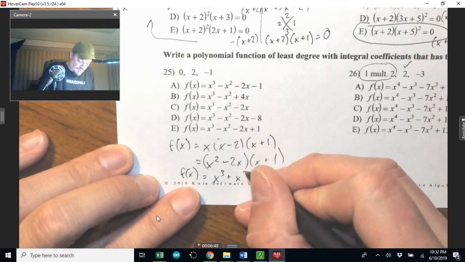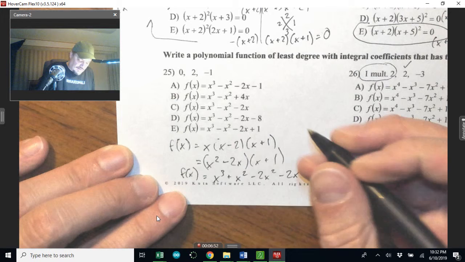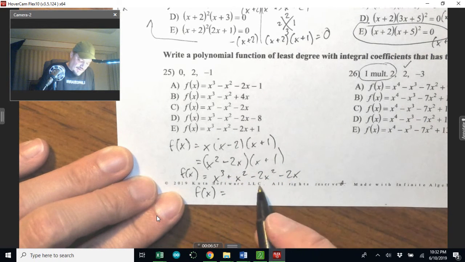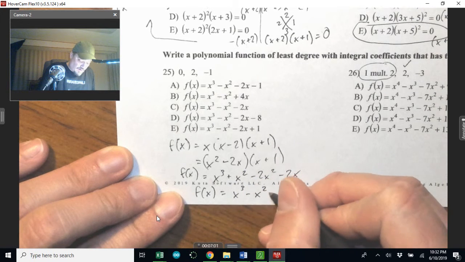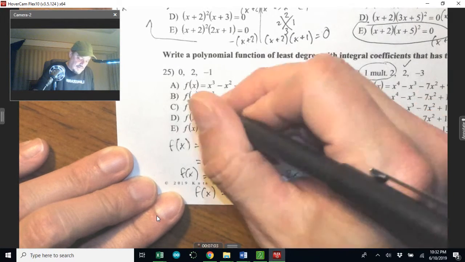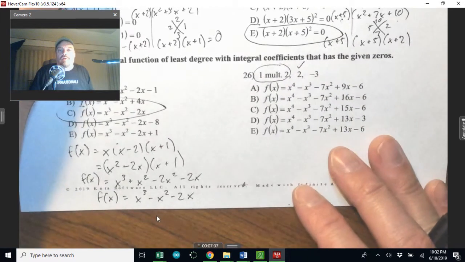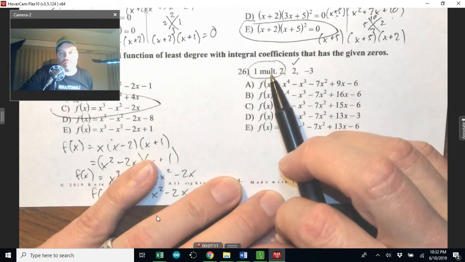Then x times negative 2 will become negative 2x squared and then minus 2x. So then finally, those two will combine to get x to the third minus 1x squared minus 2x, and that is C.